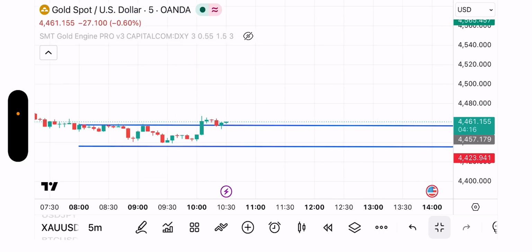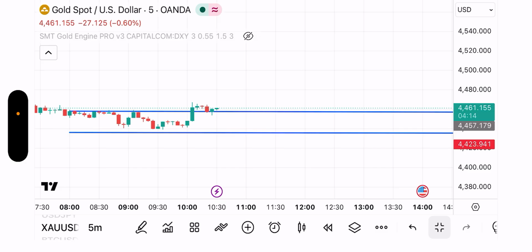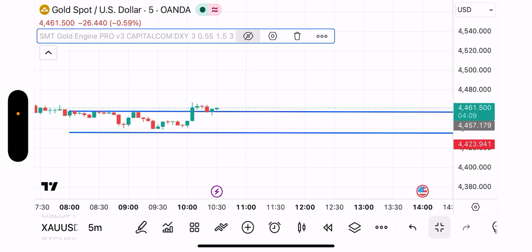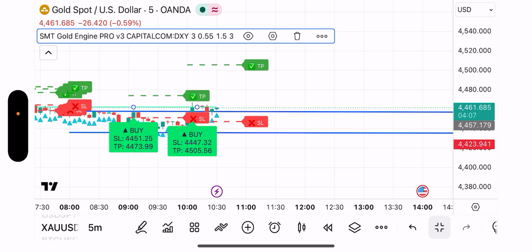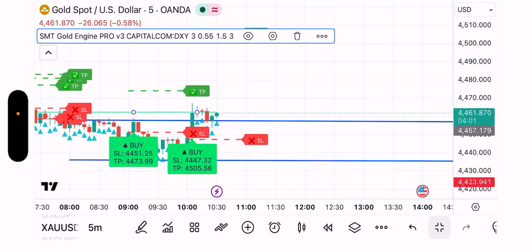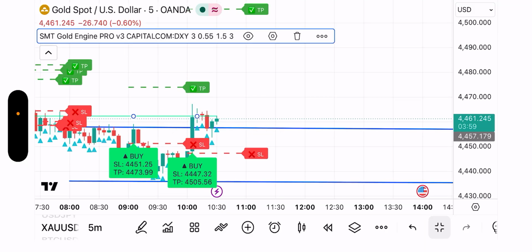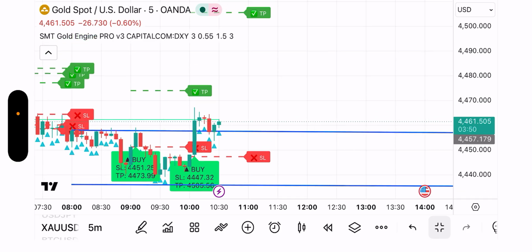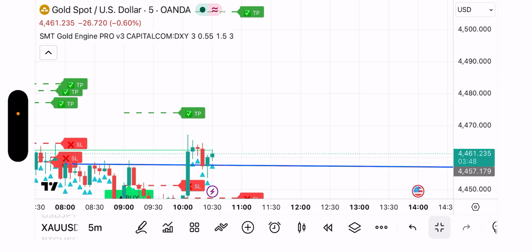It helps you determine where to buy and where to sell as a beginner, so you wouldn't have to stress yourself. So you can see it gave a buy here yesterday at around 10, and it actually bought heavily yesterday. So yeah, it's quite easy.